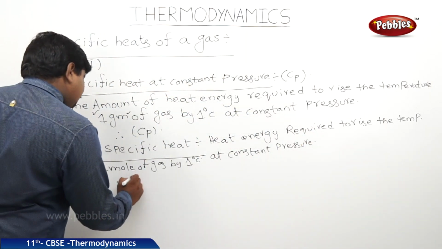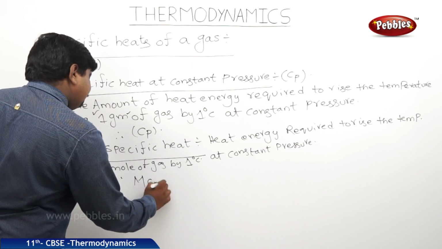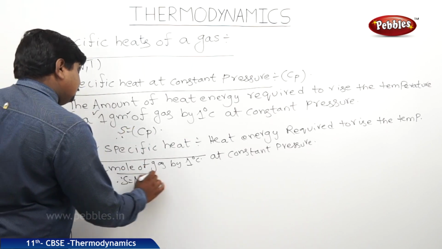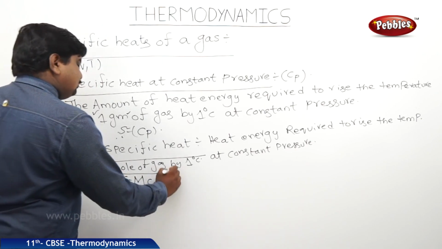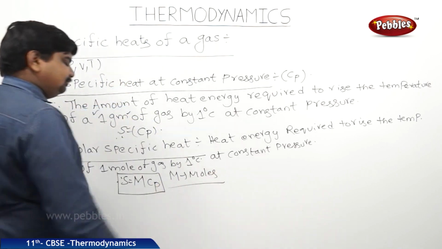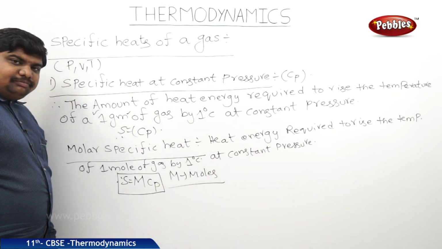So this is also called MCp. Here S is equal to Cp, here S is equal to M into Cp, where M is equal to the number of moles, and Cp is the specific heat at constant pressure.